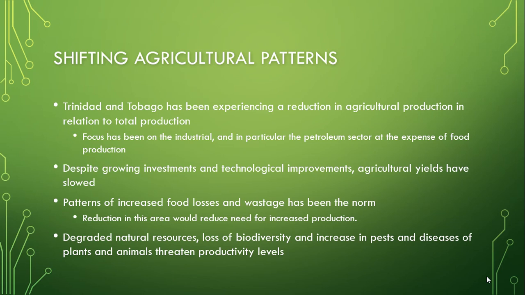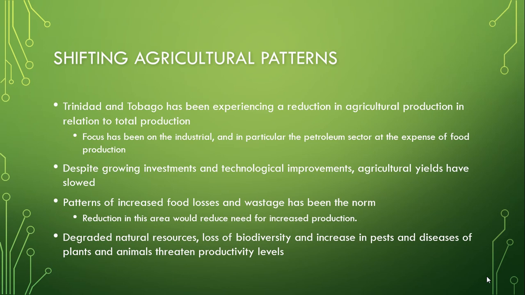Despite growing investments and technological improvements into agriculture, however, you would also find that we have slowing agricultural yields. And there could be many reasons for that. One of the reasons is because we now have depleted soils.